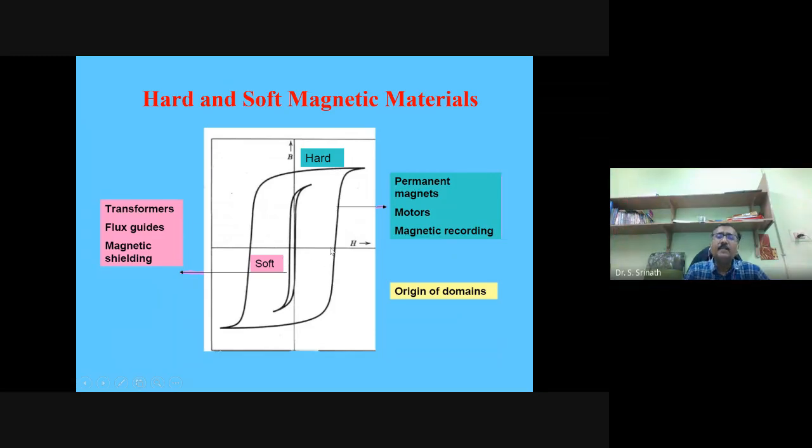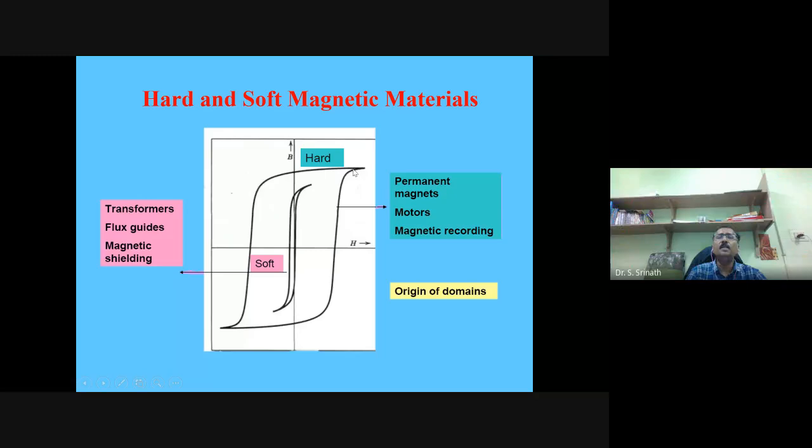On the other hand, for the outer curve, you need to apply a reasonably large field in order to saturate or magnetize the material. Similarly, you need to apply a very large field to make the magnetization 0 or switch it in the reverse direction.